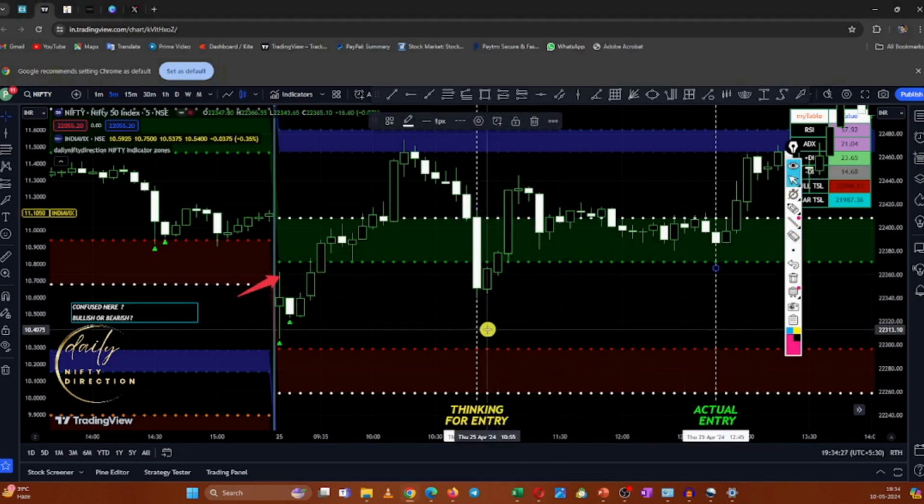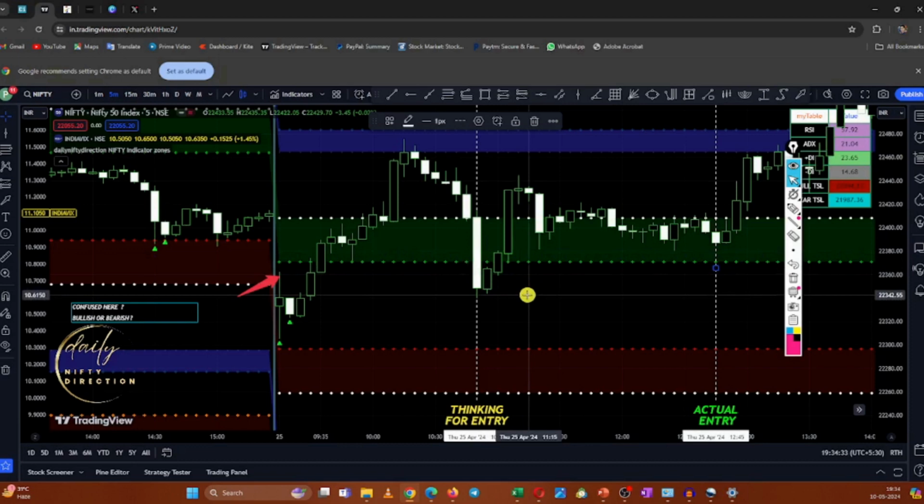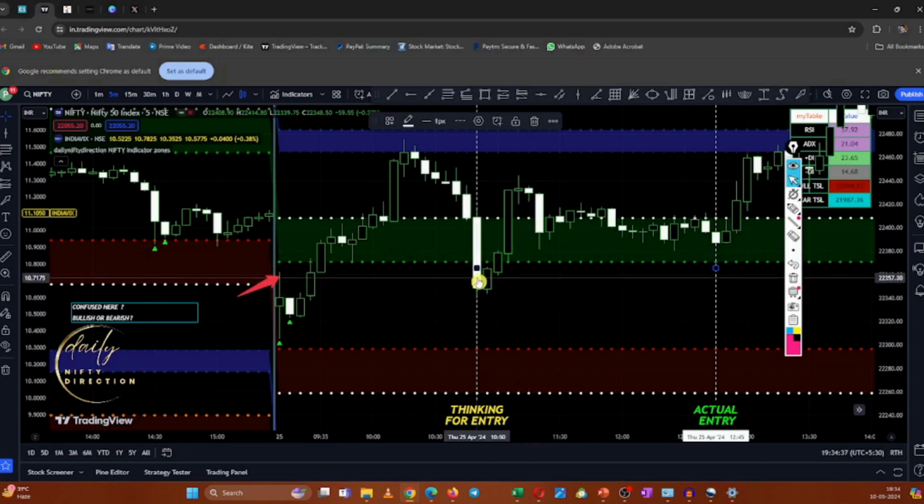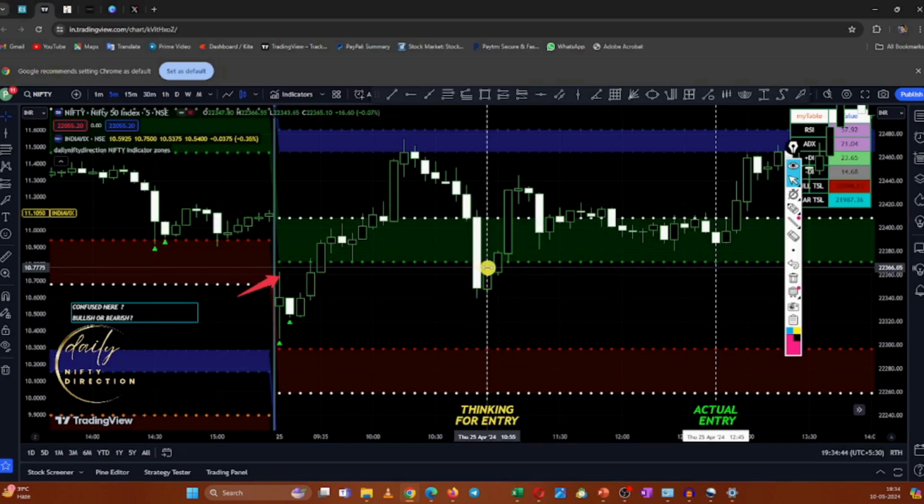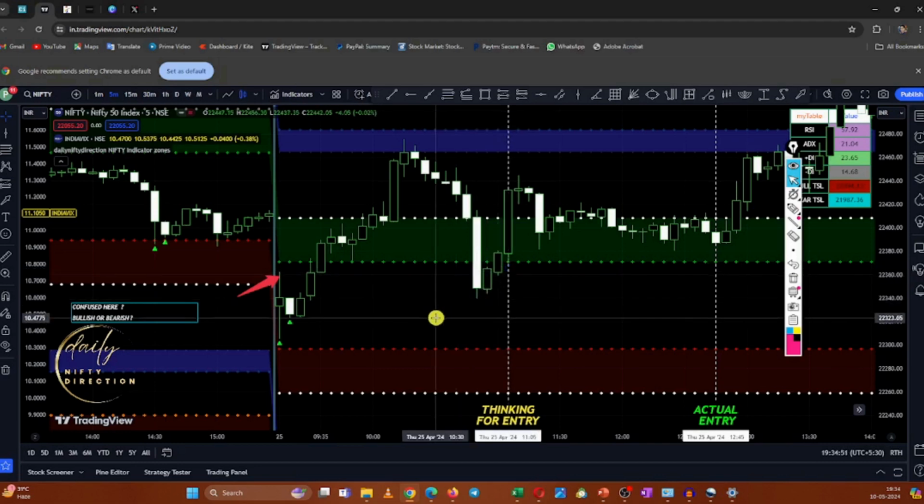You are just thinking of entry so that it will go and retest my SL and then break down, so I will take the trade. But what happens, it again broke on the upside, so you will shift your thinking for entry from here to here, then from here to here.